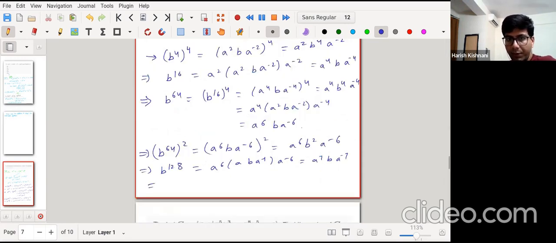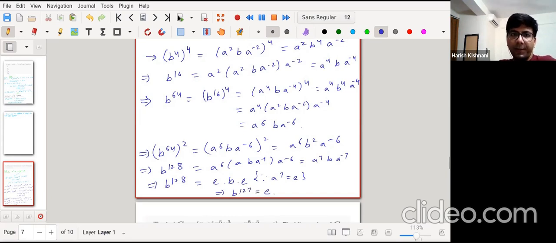This is b^128 is identity dot b dot identity. Since a^7 is identity, that implies b raised to 127 is identity.